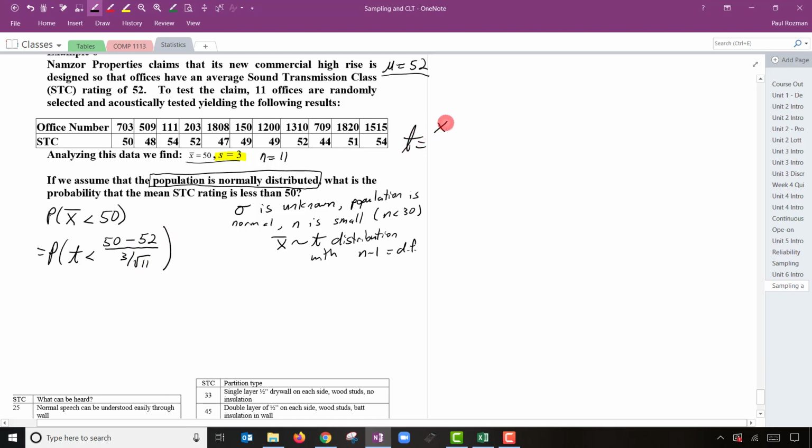T is x bar minus mu over S over root n. We get our t-score of negative 2.21.